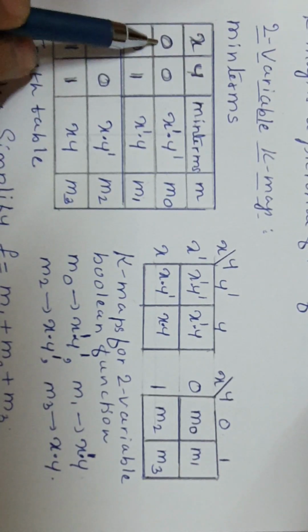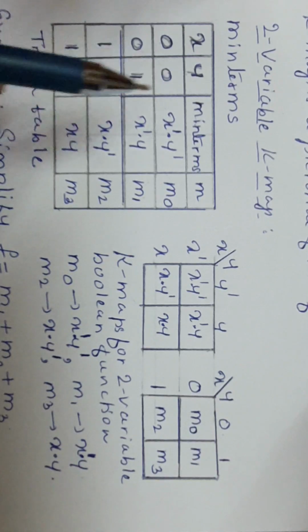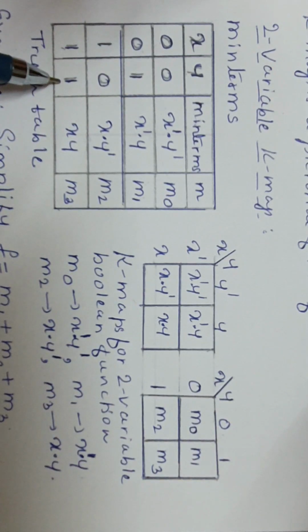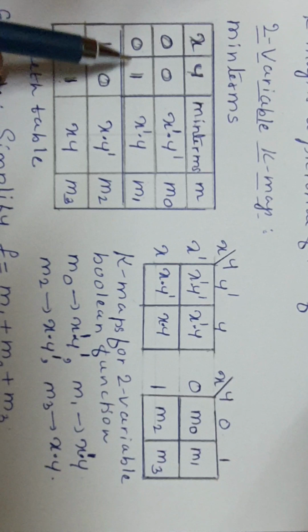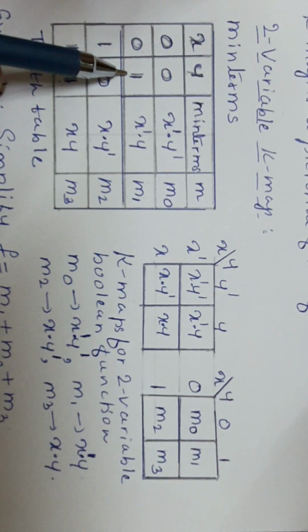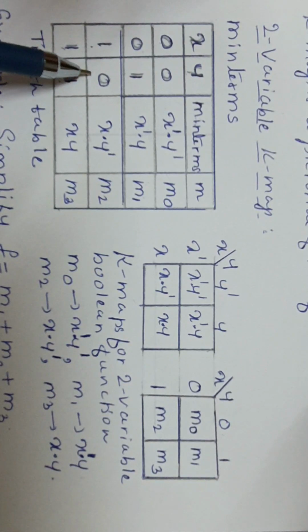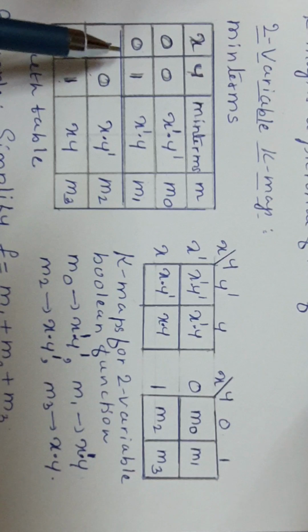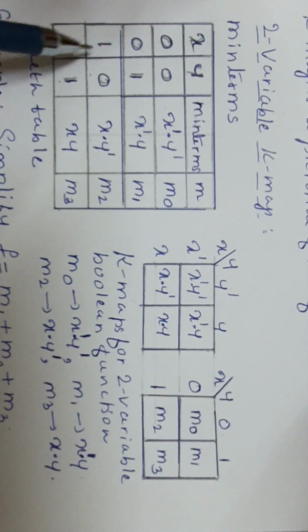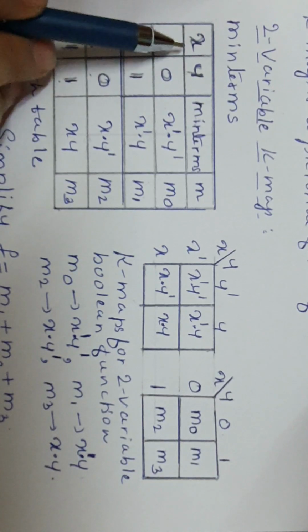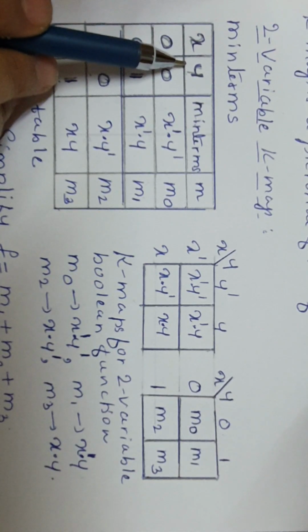Both may be logic 0, both may be logic 1, or x may be 0 and y may be 1. In another combination, input variable x may be logic 1 and y may be logic 0. Hence, at maximum four different combinations are there in a boolean function of two variables.